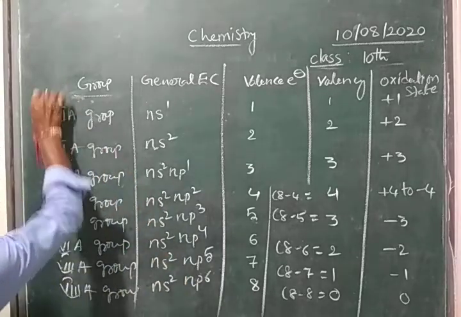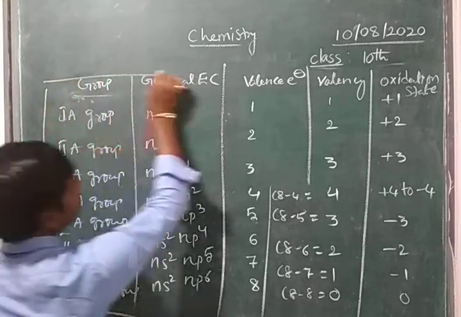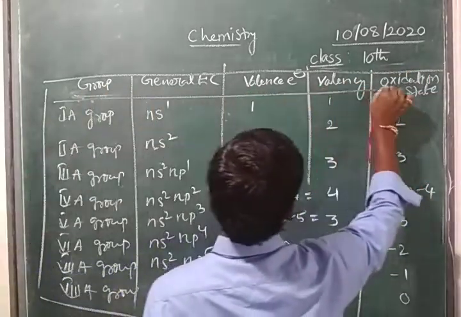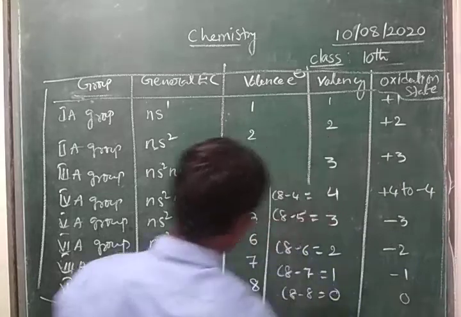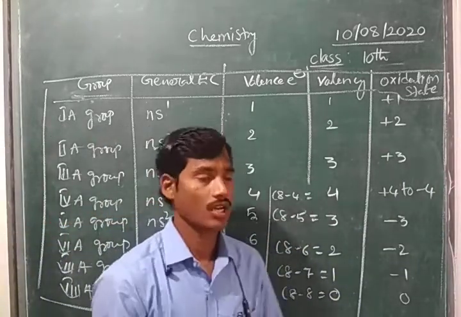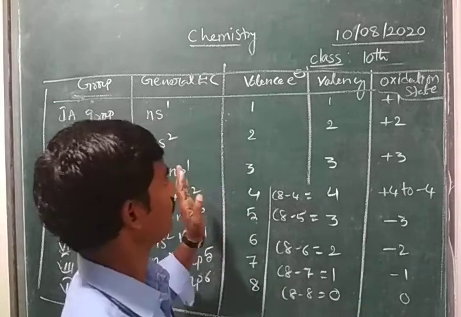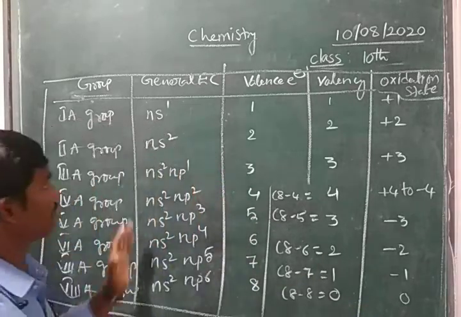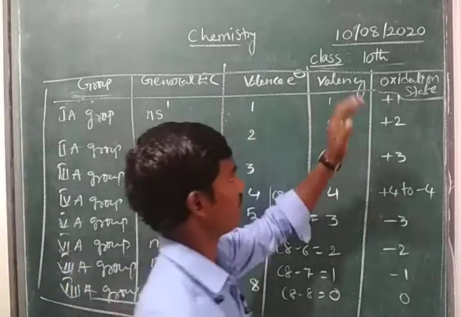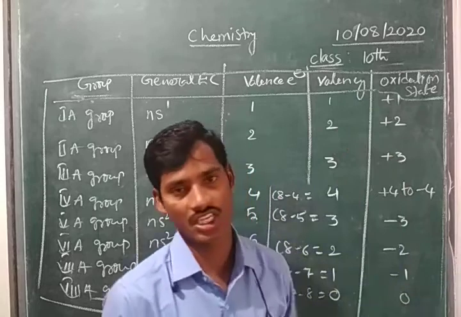Right children? So this is one of the tabular forms regarding the modern periodic table. So please, each and every one, you have to write in your notebook. This is about first A group element, second A group element, first A to 8th A group element general electronic configuration, number of valence electrons, its valency and its oxidation state.